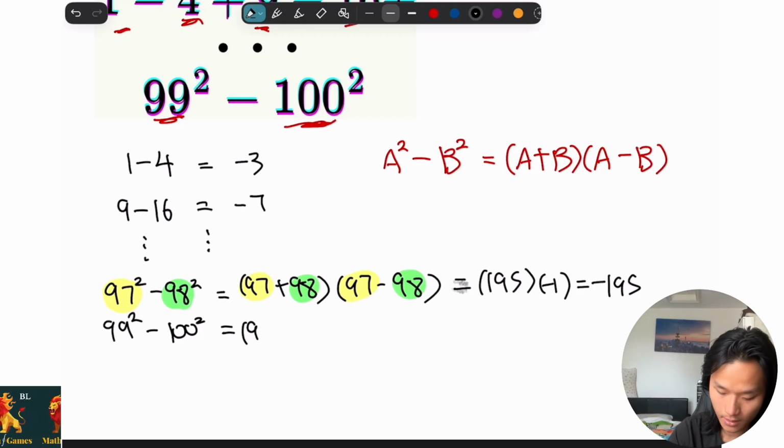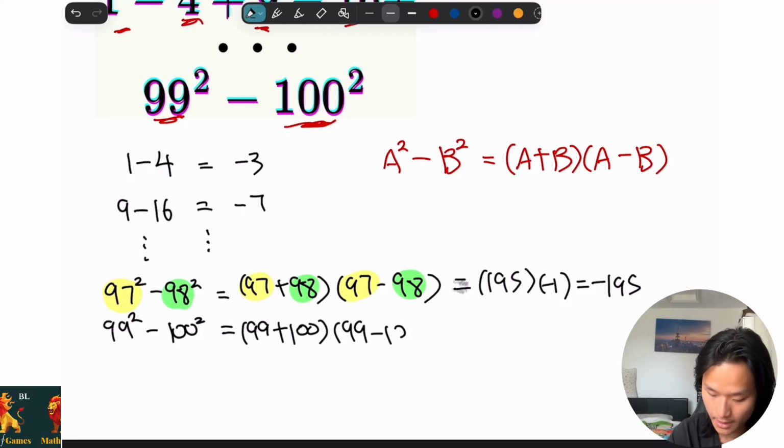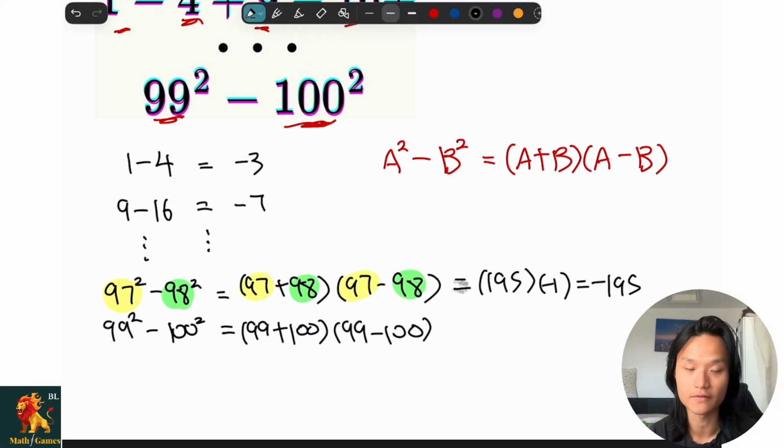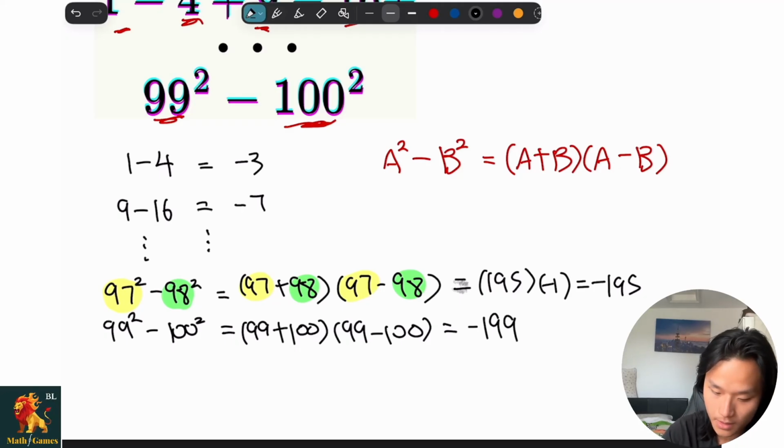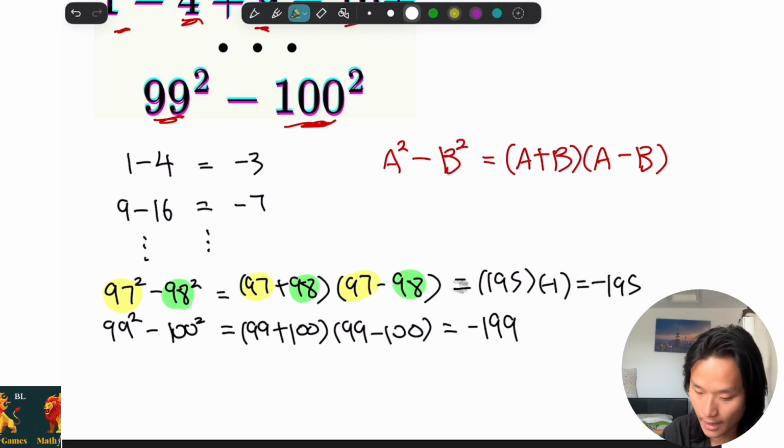So 99 plus 100, and 99 minus 100. And then this is even simpler to calculate because that's just minus 199. So let's take a look at these terms.